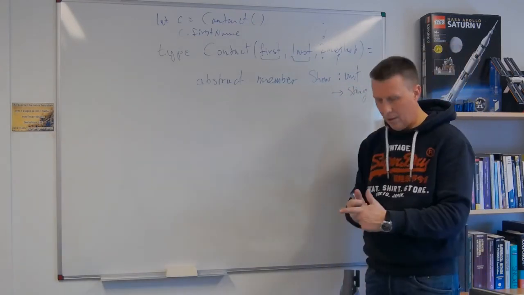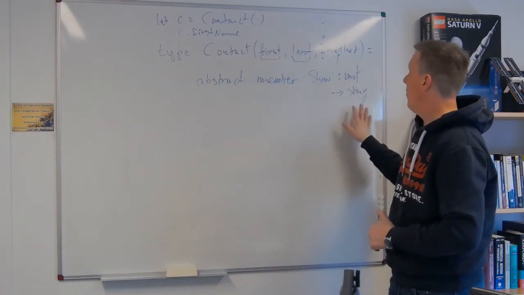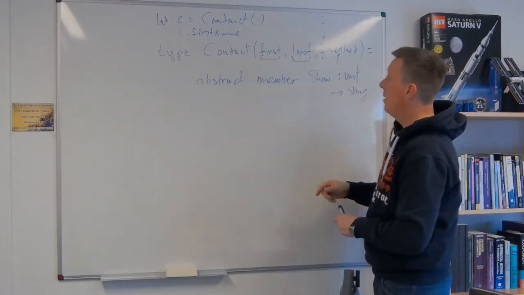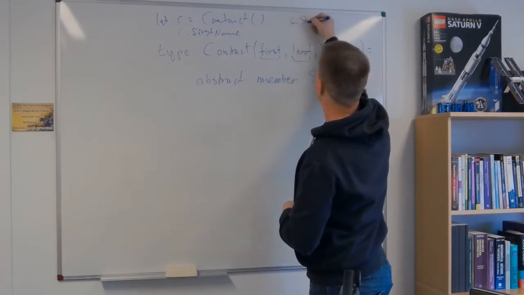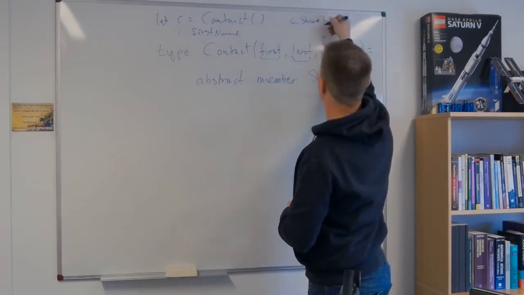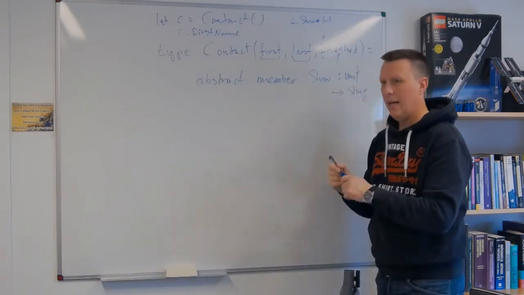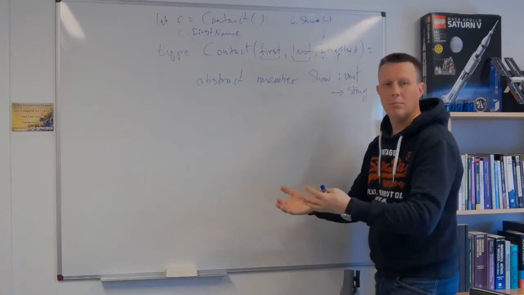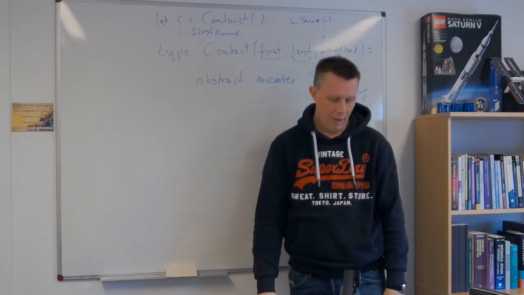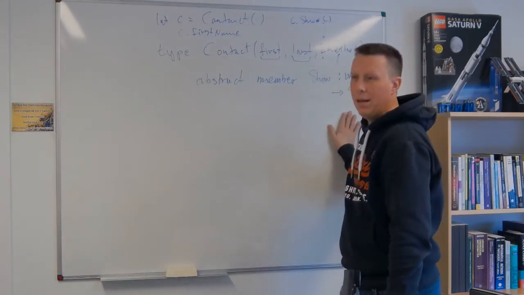Right. So this is this abstract member. So you say c dot show, parentheses, and it gives you back a string representation of a contact. But of course, this is not doing anything. This is abstract.